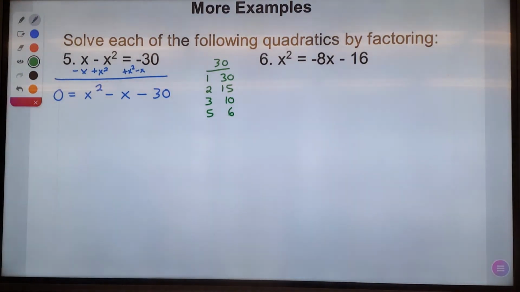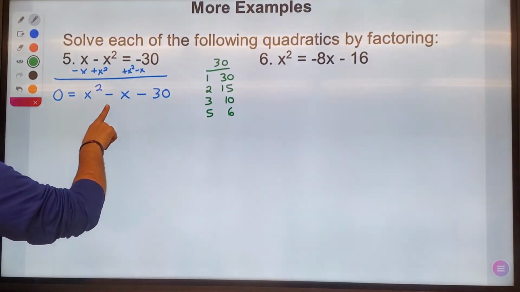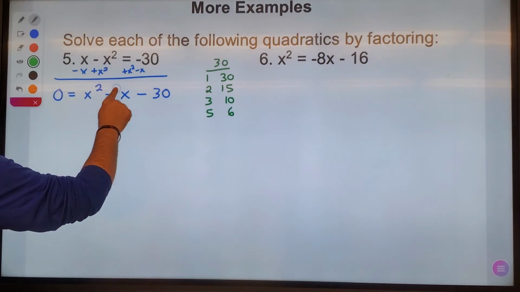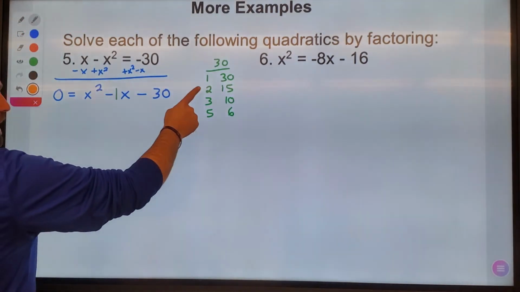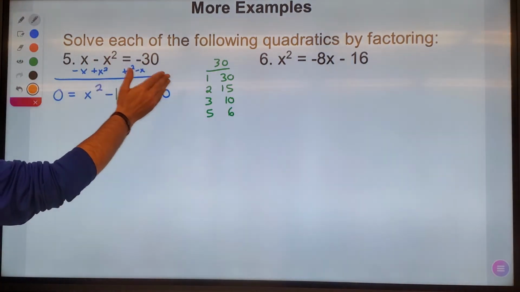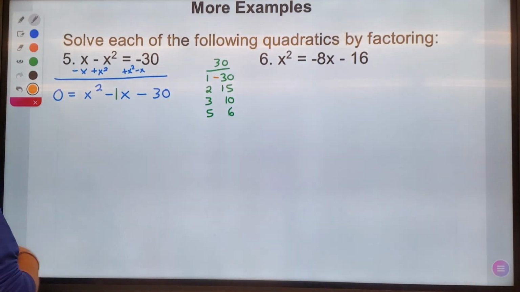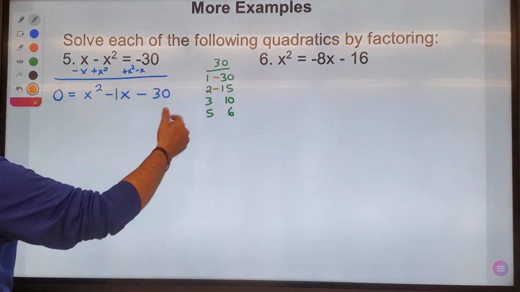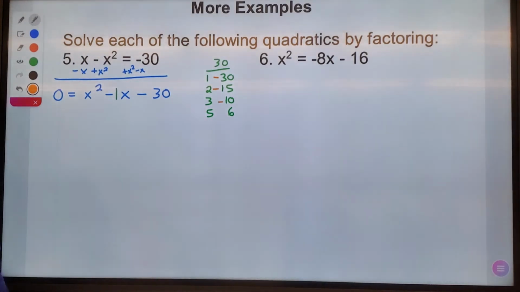Again, then I'm looking for the set of factors now that subtract to get negative 1. Again, we can put a 1 here if we need to. So the set that subtracts, again, I'm going to have to take a small number minus a large number to get a negative. So 1 minus 30 doesn't work. 2 minus 15 doesn't work. 3 minus 10 doesn't work.